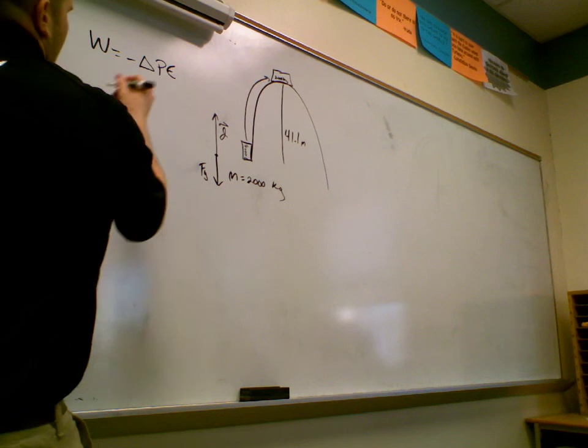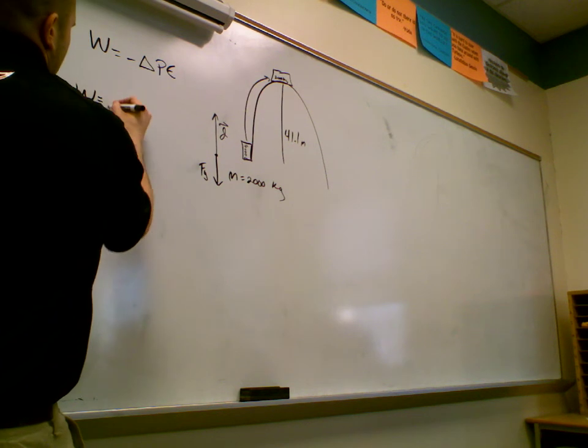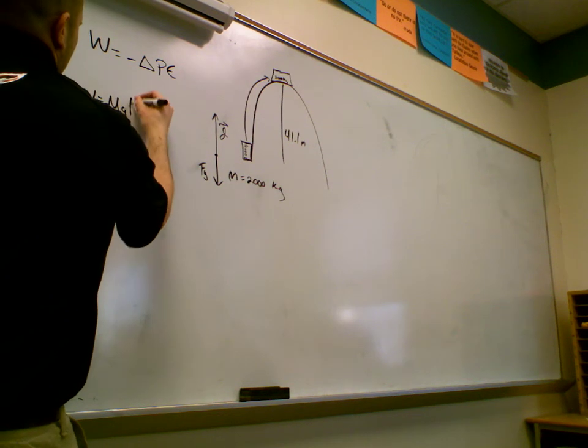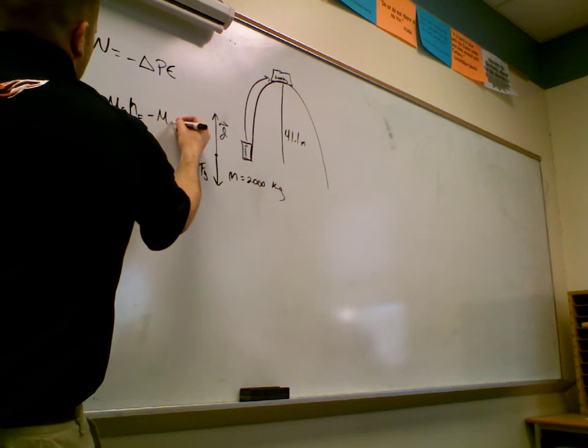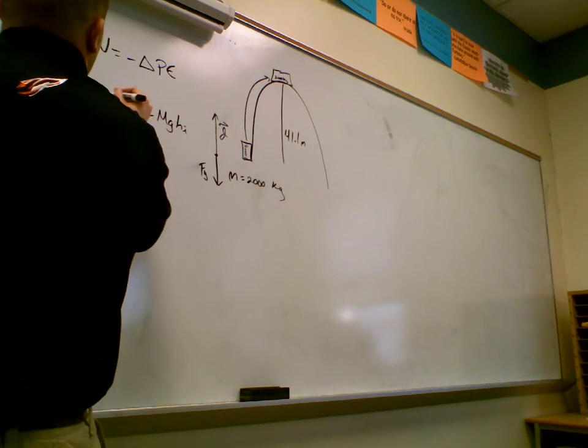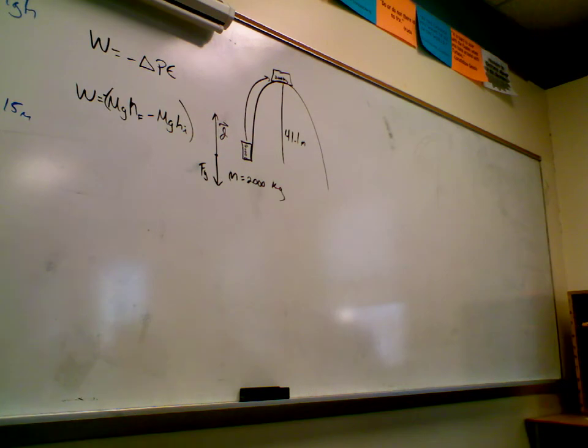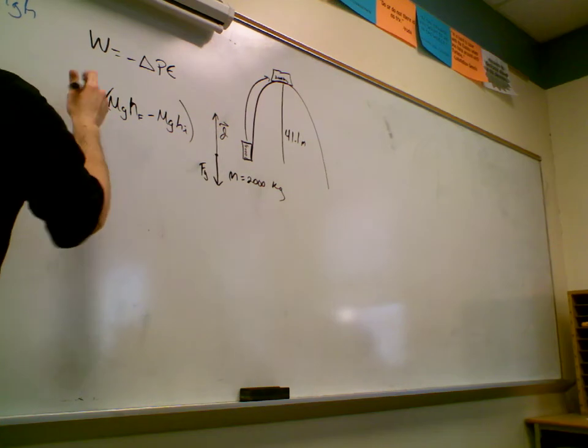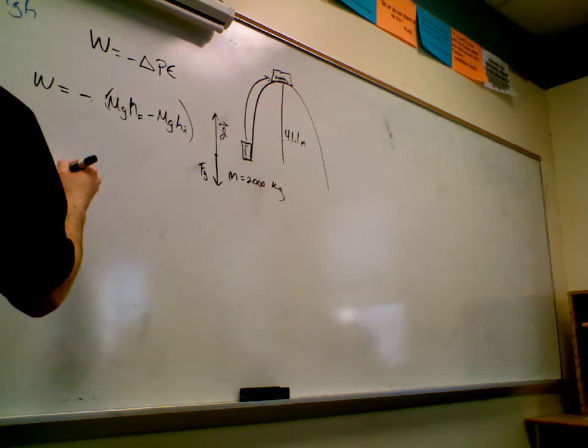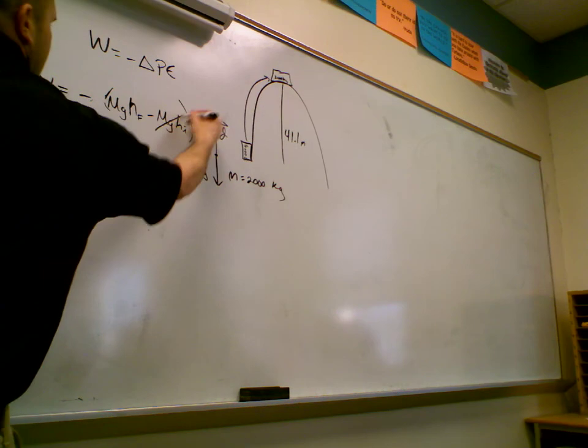So our change in potential energy: work equals negative, mgh final minus mgh initial. What's our initial height? 0. What's our final height? 41.1. Since the initial height is 0, that part becomes 0.